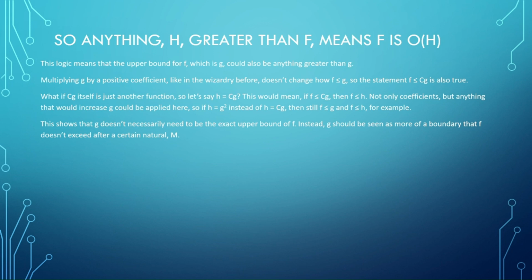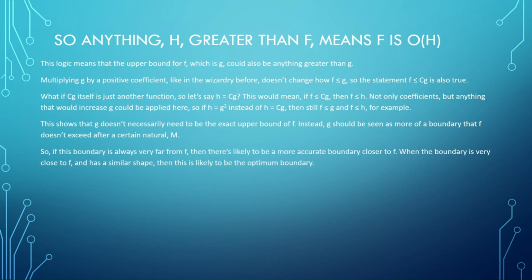So this shows that g doesn't necessarily need to be the exact upper bound for f. Instead, g should be seen as more of a boundary that f doesn't exceed after a certain natural. So this might sound either obvious or confusing, I can't tell. But it should be seen as more of a boundary that it doesn't exceed.